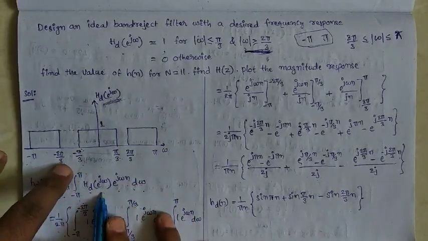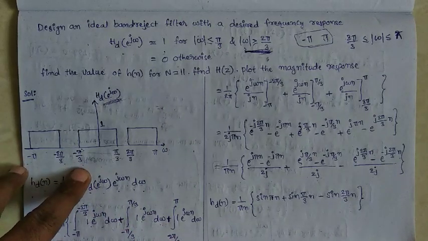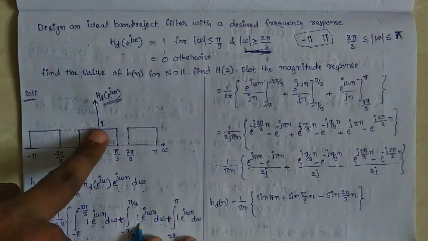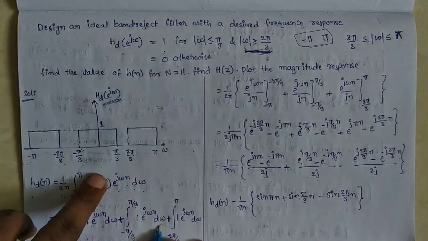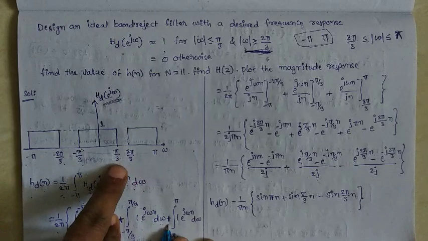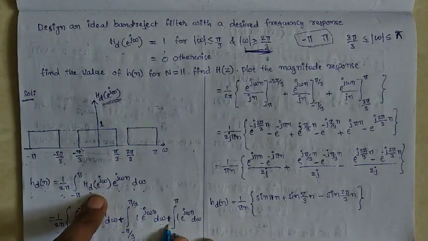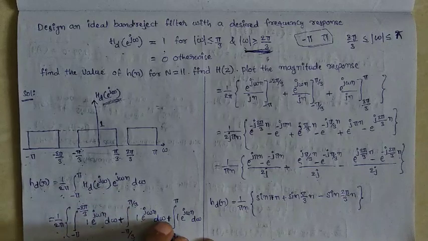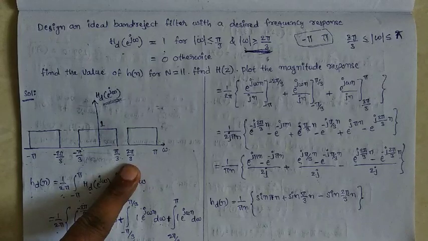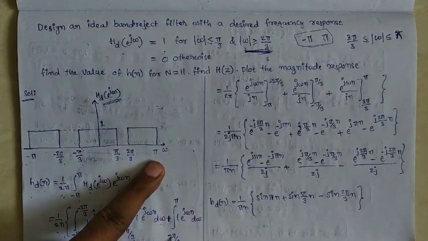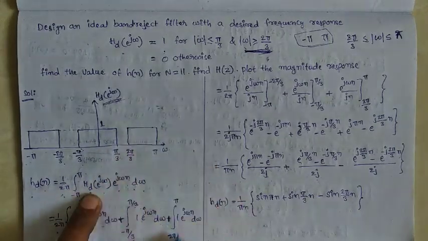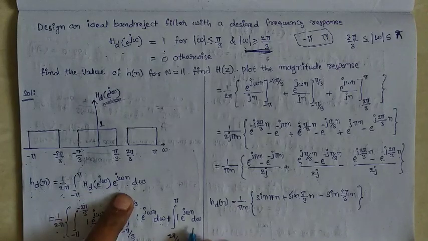Plus, in the interval 5 by 3 to 2 pi by 3, HD of e power j omega is 1, integral of 1 into e power j omega n d omega. Here 0 into something is 0, so HD of n in that interval is 0. Plus, similarly, the integral from 2 pi by 3 to pi, where HD of e power j omega is 1, of 1 into e power j omega n d omega.